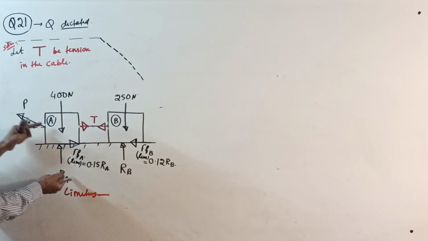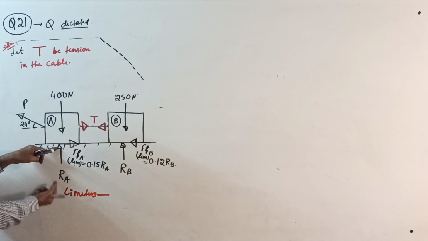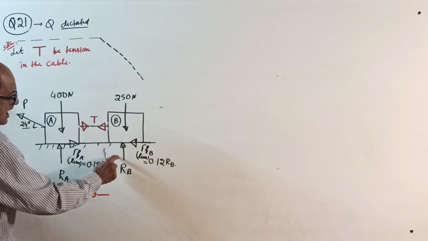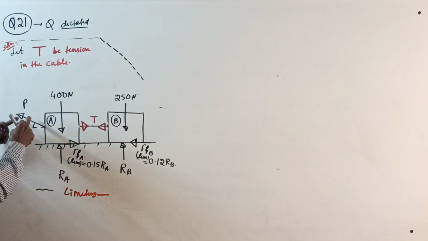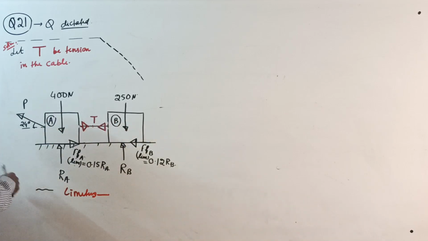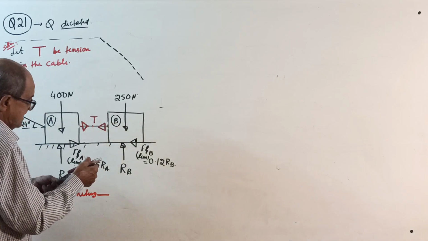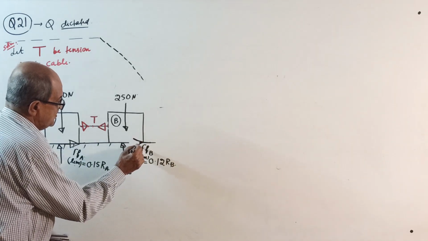So write this sketch: show tension, mark weight, and then P at 24 degrees. At contact A, let RA be the normal reaction, and here let RB be the normal reaction. This inclined force P will move the system to the left side. Therefore, the frictional force will be to the right side. By mistake I put an arrow mark here, it was for the last question.